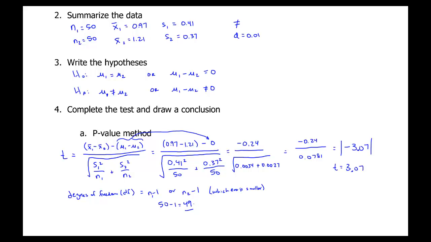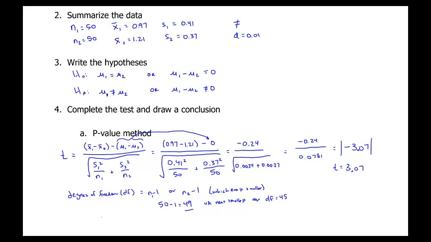In the table, there is no row for degrees of freedom 49, so you'd use the next smallest, which on the table is degrees of freedom equals 45. Okay. On the table then, again we'll look at the table during class together.